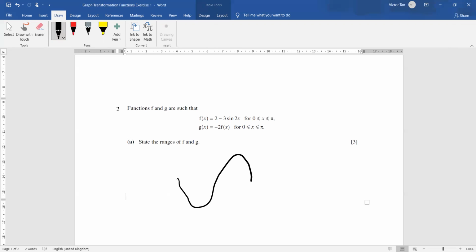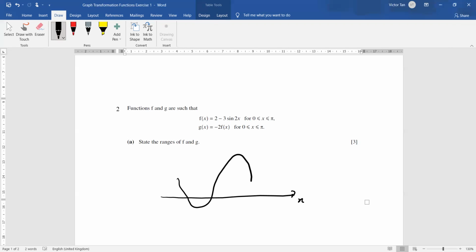It is a horizontal stretch by a scale factor of half, so you have one period from 0 to pi, and a vertical translation of 2.